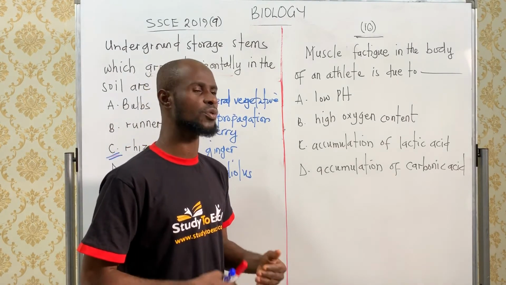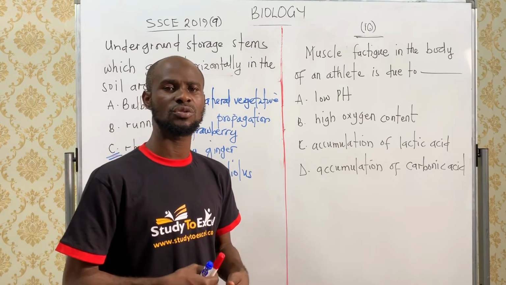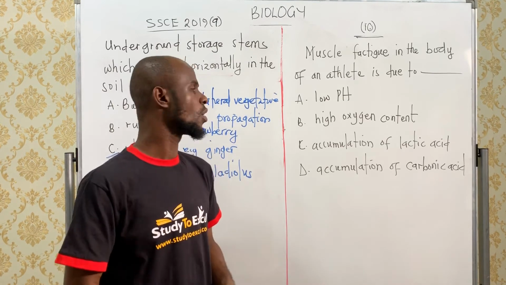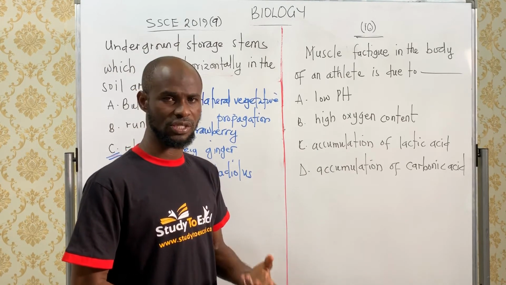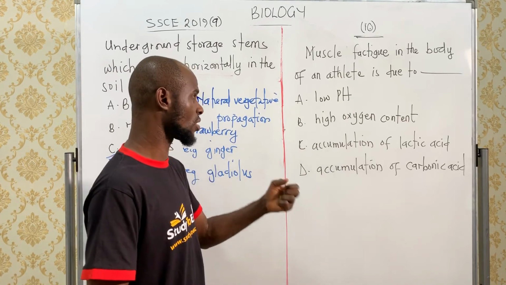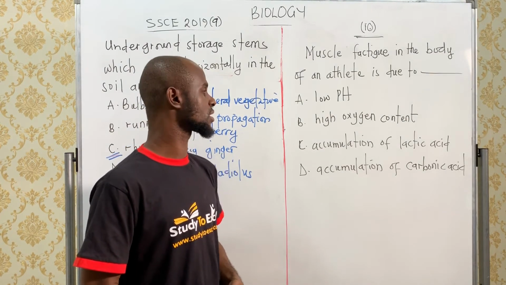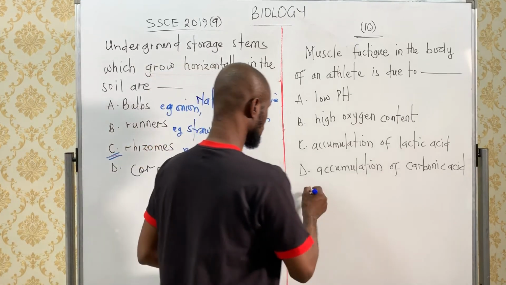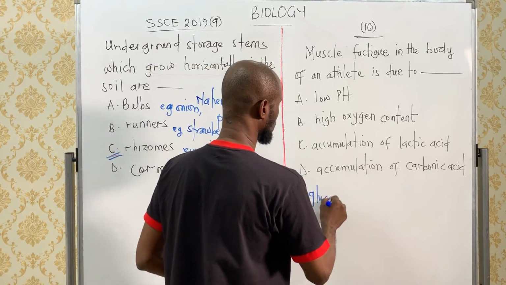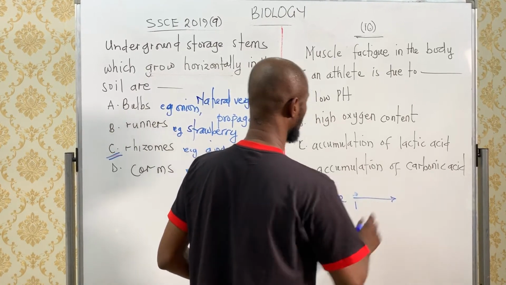When an athlete runs over and over, the athlete is not able to get enough oxygen to meet up with the running he is undergoing. Therefore, there is an oxygen shortage in that athlete. And when there's oxygen shortage, the glucose in the muscle of the athlete is going to break down in the absence of oxygen.